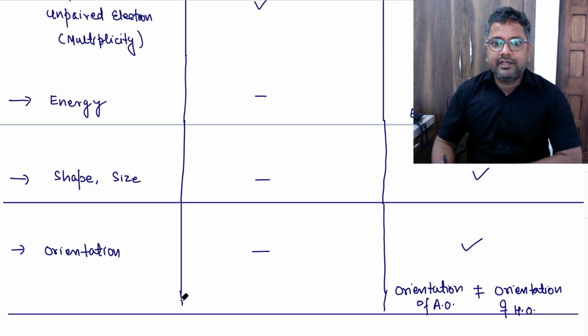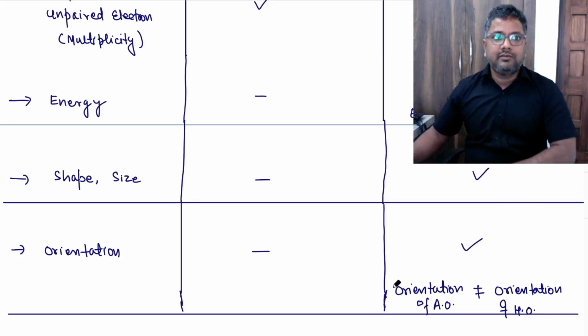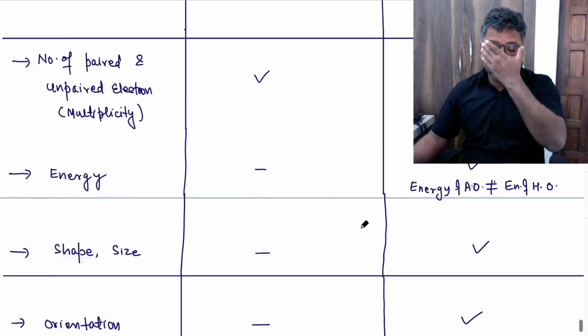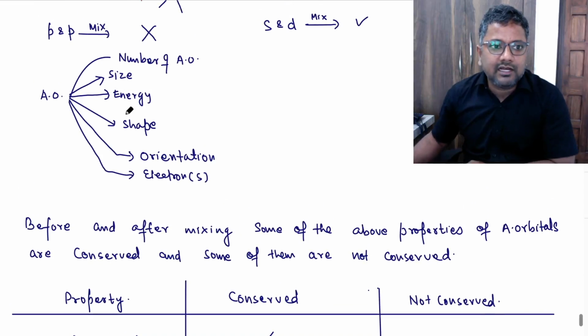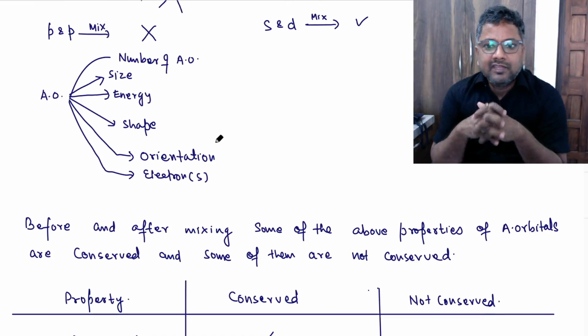In this way, try to understand the theory of hybridization. In hybridization, some of the properties of these atomic orbitals remain the same and some of the properties are changed, right?